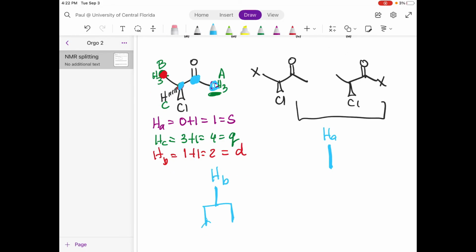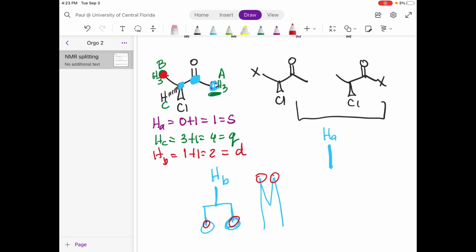So now we have two peaks. That's a poorly drawn doublet; it should be a little bit sharper, but either way, those peaks correspond to the splitting tree.